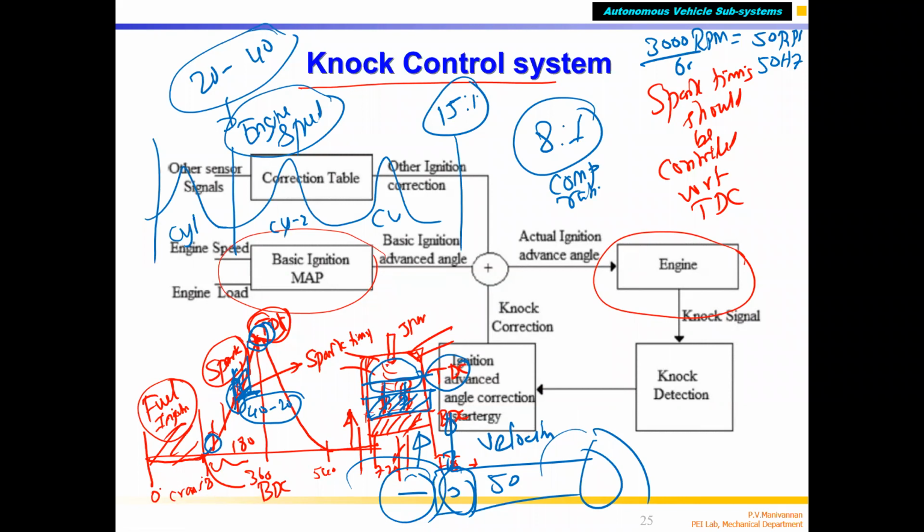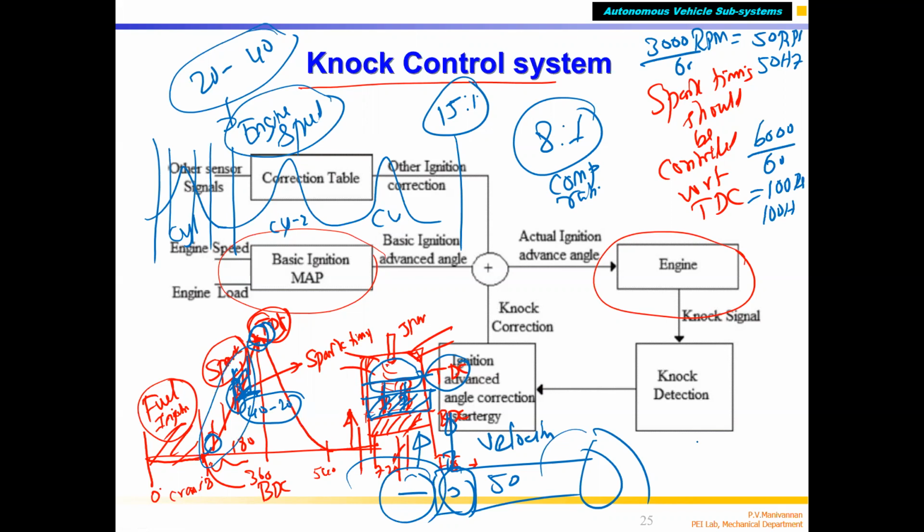So if the engine is running 6000 RPM, it will be 100 times, correct? 6000 divided by 60 will be 100 RPS or 100 hertz. So 100 times the crankshaft rotates. That means within one rotation, the piston goes up around 4 times, being a 4-stroke.